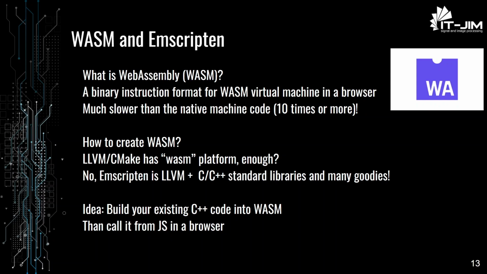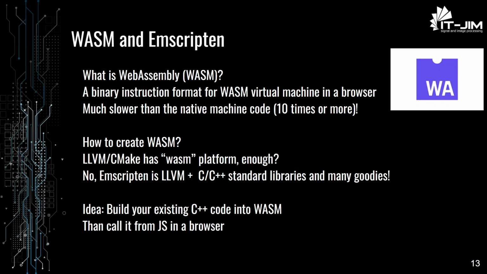And how to create this WASM virtual code? LLVM, sorry, it was supposed to be not CMake, but Clang. Has WASM platform. Is it enough? Not really. You also need standard libraries and all kind of additional stuff to efficiently use C++ from JavaScript.